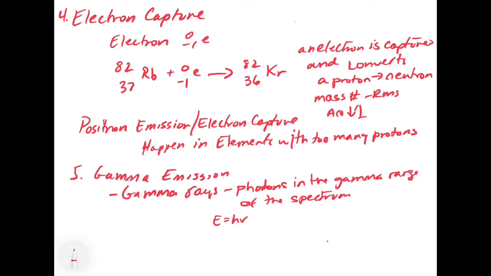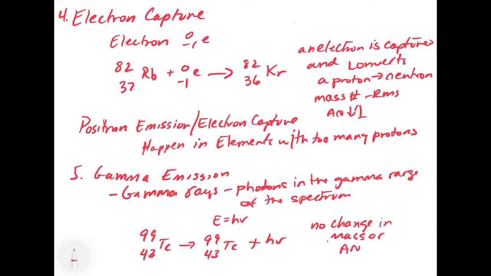Because these things don't have any kind of mass, meaning they're not a subatomic particle, when something like 99 technetium undergoes a gamma emission, we still wind up with 99 technetium, but we just get a photon that comes out and releases a small amount of energy. So in a gamma emission, there's no change in mass or atomic number. So that's gamma emission, and that's why I kind of have separated these a little bit, because these are different.